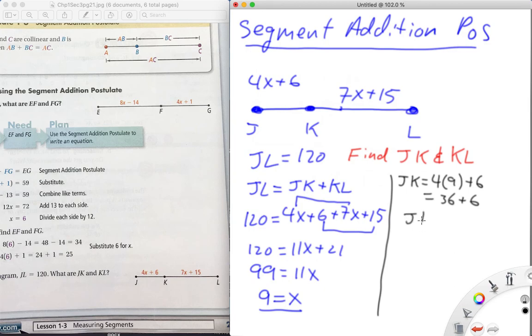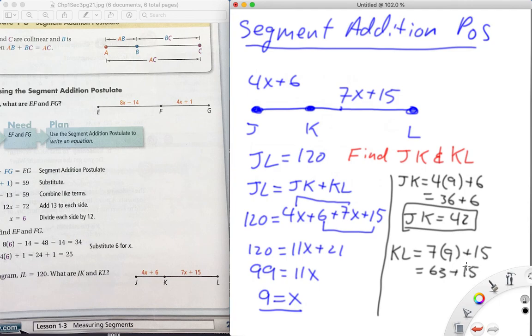So JK equals 42. And then for KL, I'll have 7 times 9 plus 15, which is 63 plus 15, which is 78.